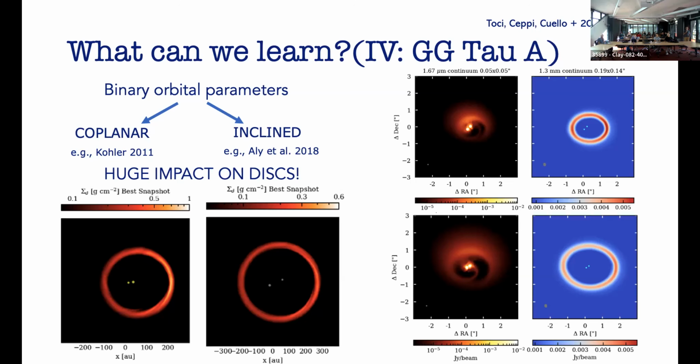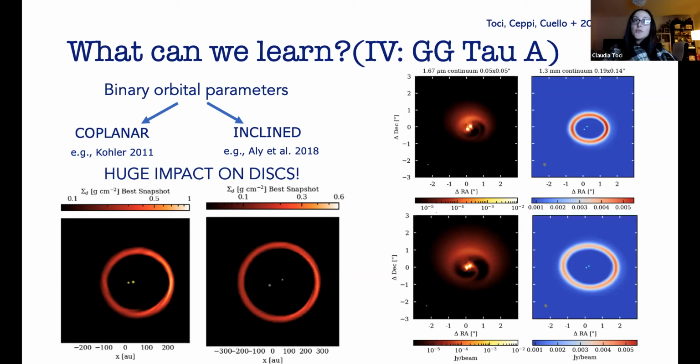Okay. Do you expect the little binary to make any difference? Because we see, at least in the SPHERE image, there's a lot of little streamers that might be caused by it. So specifically, we did some tests with Simone. Regarding the cavity size, the dust ring is not that relevant.